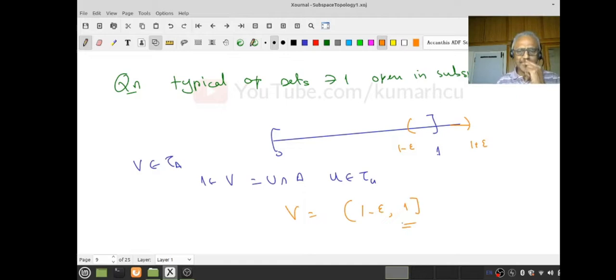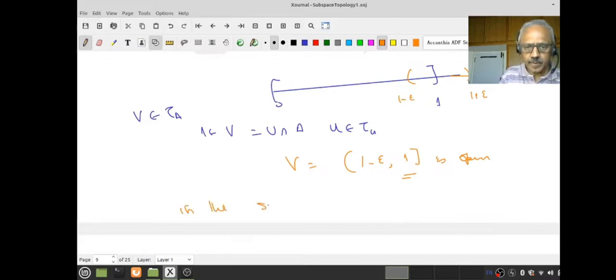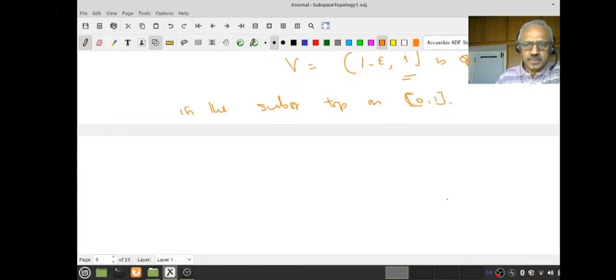Do you understand this? Therefore this is open in the subspace topology on [0, 1].